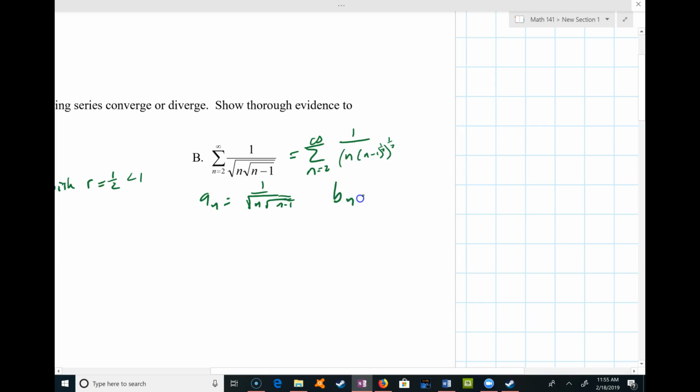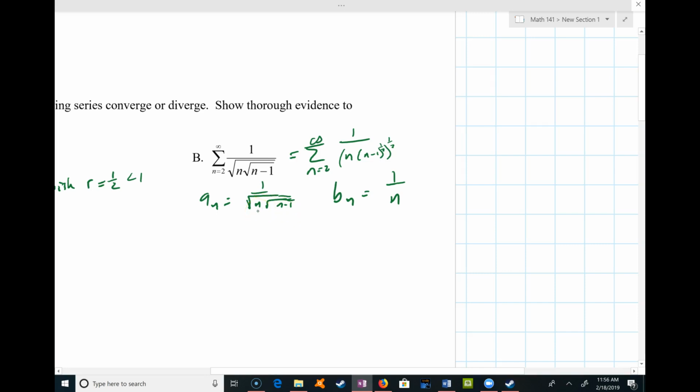And my b sub n is going to be, basically I want it to be a p-series, but I want the degree of the p-series to match roughly what this would be. So this n is raised to 1/2 power, and then multiplied by that n.